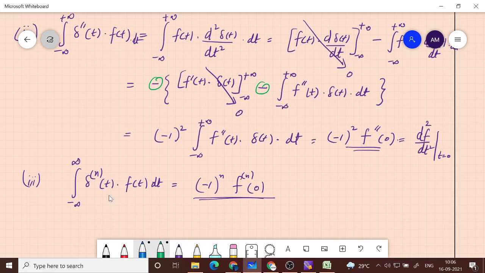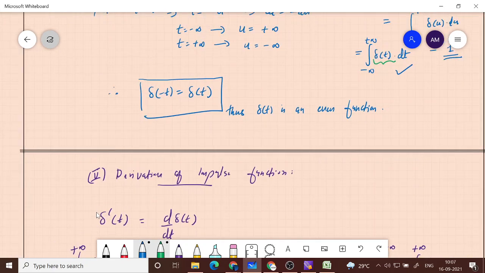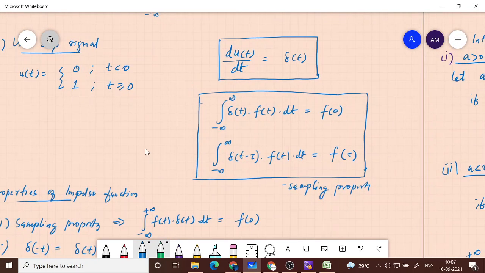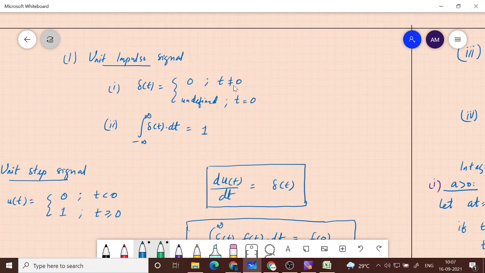When you multiply and integrate, just like with the impulse function, we know what it does only by multiplying it with a normal function and integrating. Then only will you know what the impulse function is. Otherwise, we have a very limited idea about it, given in the first part of the definition, which says that it is equal to 0 for all values of time except t equal to 0.